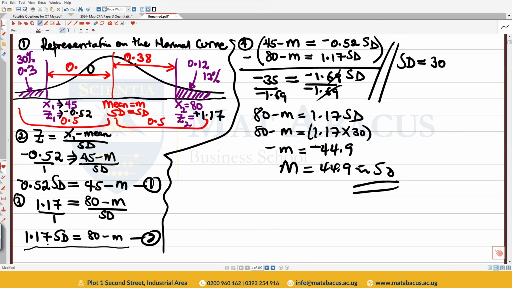To eliminate M, you can just subtract. 45 minus 80 or 80 minus 45, whichever way you prefer, you will still get the same answer. You can either use elimination or substitution method, but I can guarantee you the answers are going to be the same.